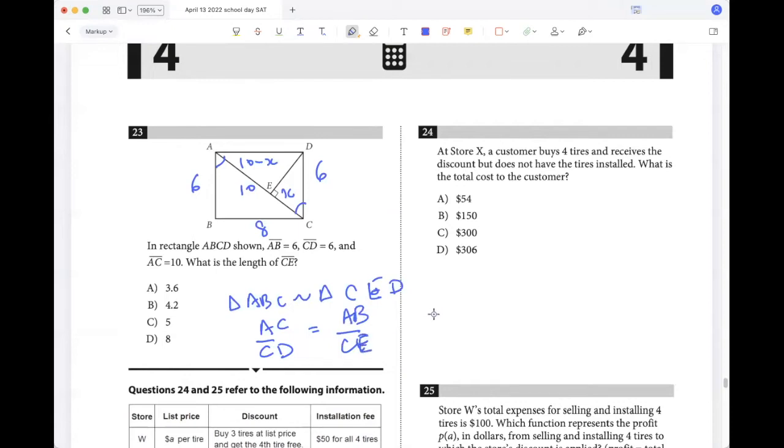So AC is 10, CD is 6, AB is 6, and CE is what we have to find, right? So 5 and 3, right? So X is 18 by 5, which comes to 3.6, right? Option A.